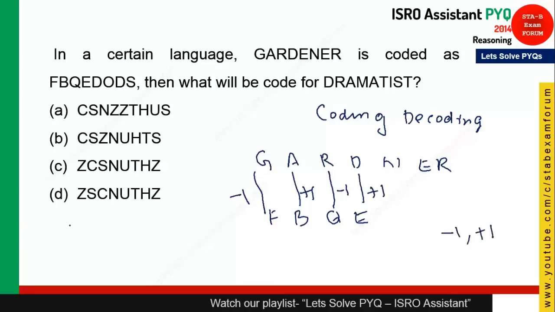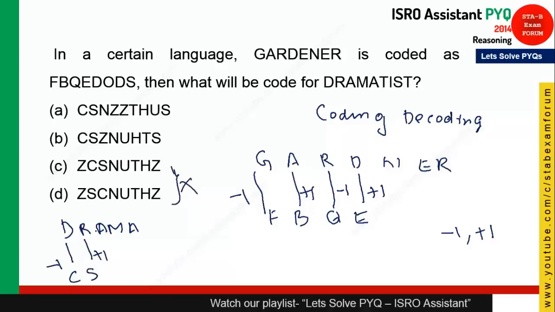Okay, so what will be the coded form for DRAMATIST? Let's take this much of the word only. So D, what comes? Yes, C, because we need to subtract first, then we need to add: R, S. So we can straight away eliminate these two options.